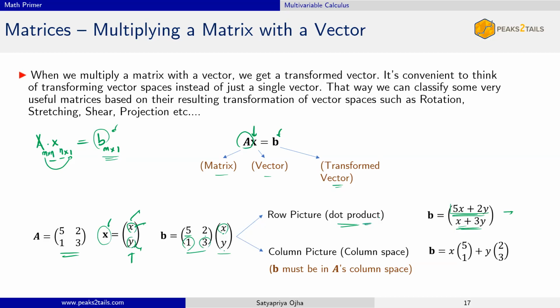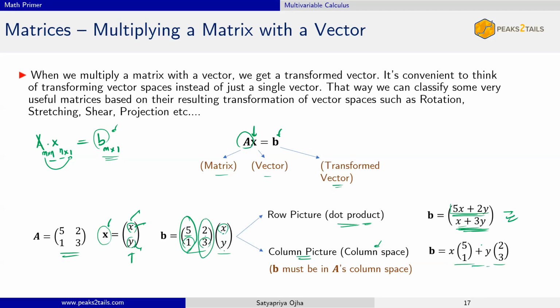Okay. This is fine. But there is another way to look at it, which is the column picture, or you can say column space. And this is very, very useful. I can rewrite the same thing like this: x times first column plus y times second column.